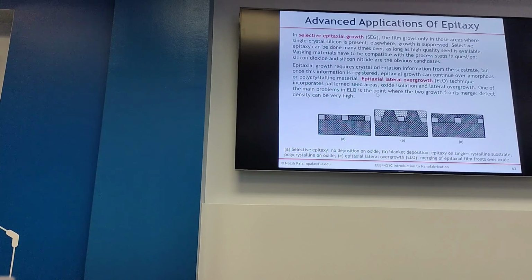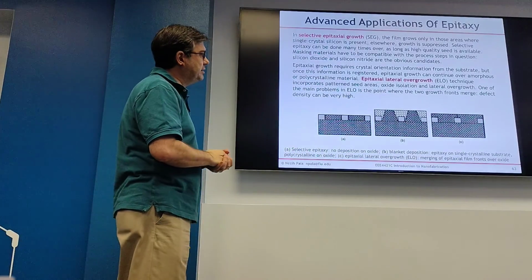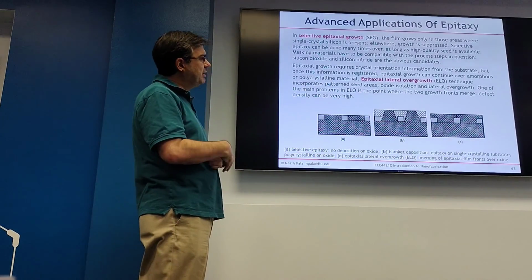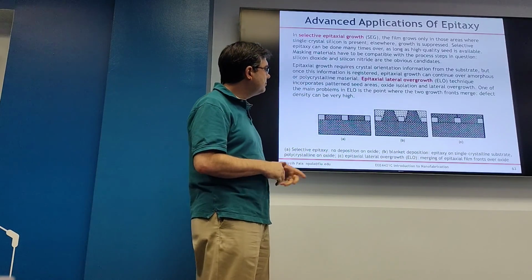As I briefly mentioned, when you have this lattice mismatch between the substrate and the overlayer, you will end up with some dislocations, at least beyond the critical thickness. So people developed some interesting techniques. One of them is epitaxial lateral overgrowth.